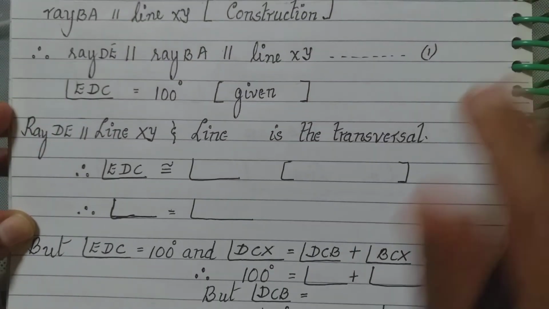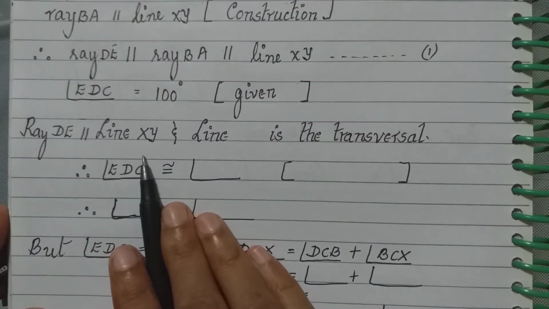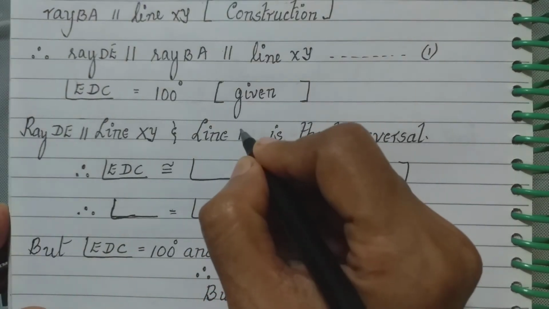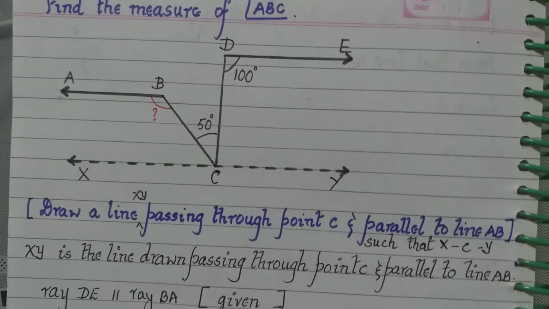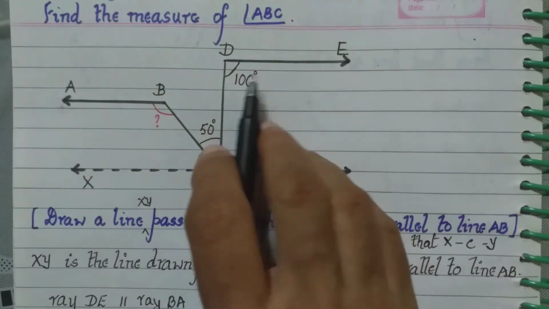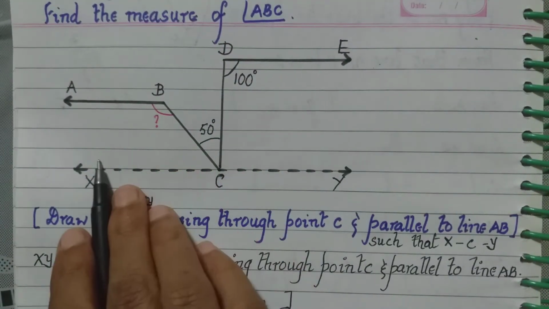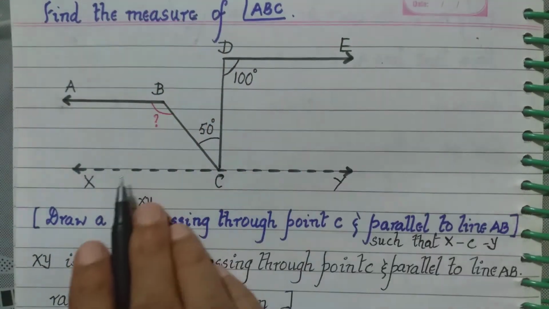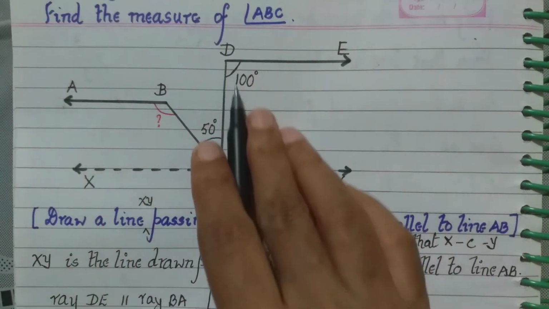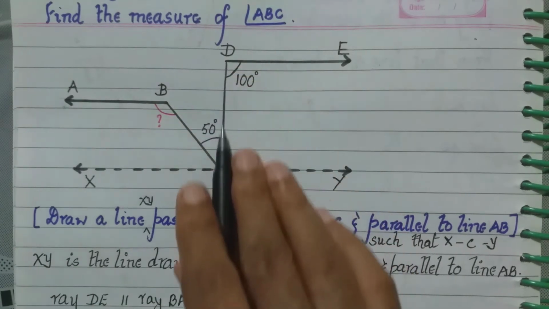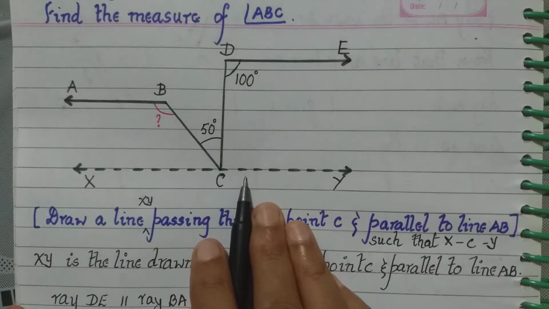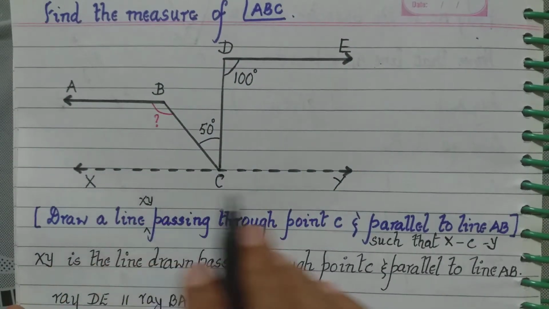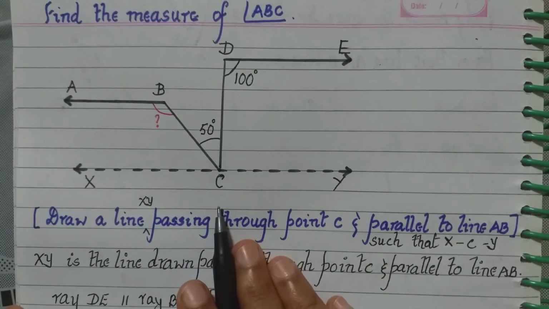So we write here ray DE parallel to line XY and line DC is the transversal. Now watch this clearly. You have here one parallel line, this is the other parallel line. We are talking about these two. This is the transversal. Now we have one pair of alternate angles because of these parallel lines and the transversal.